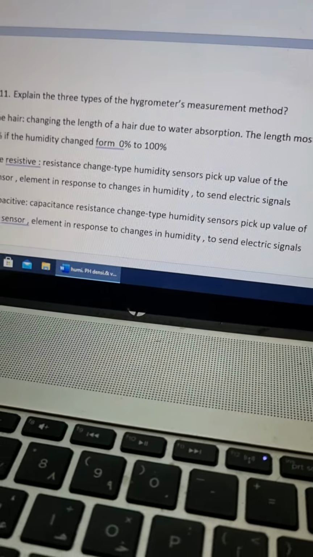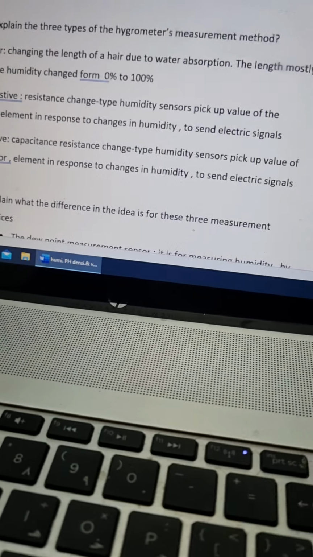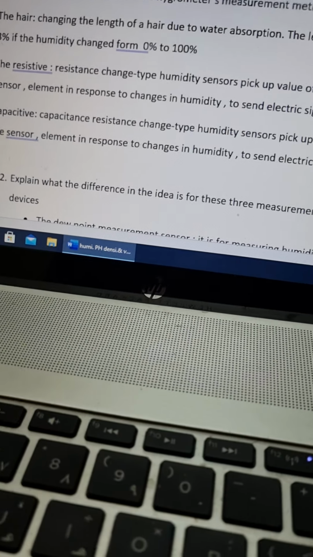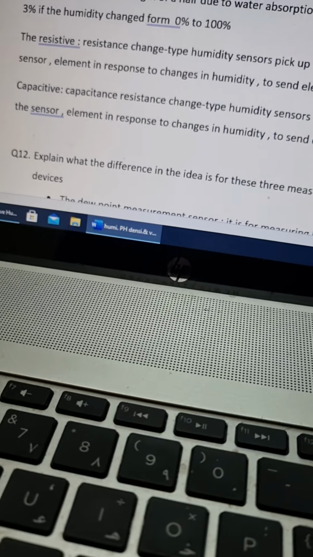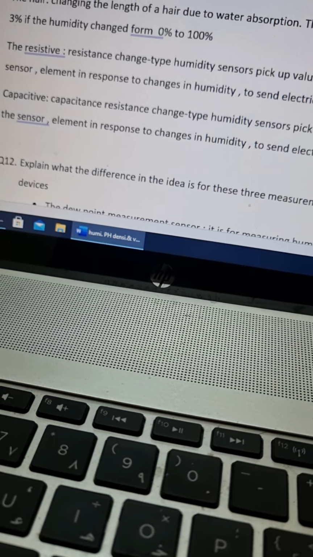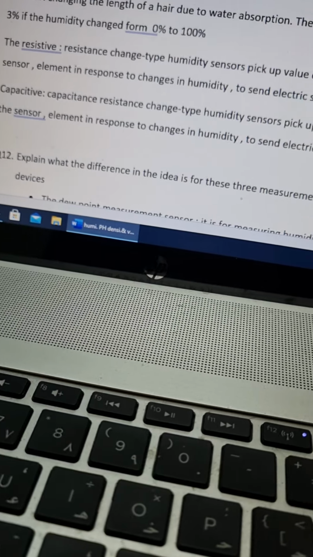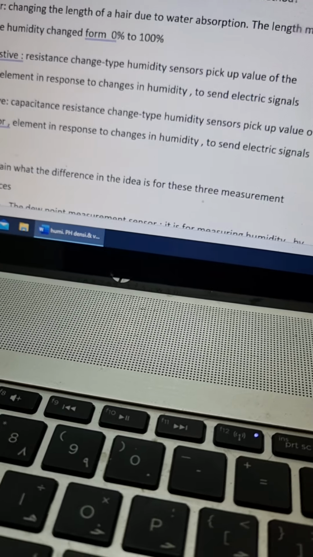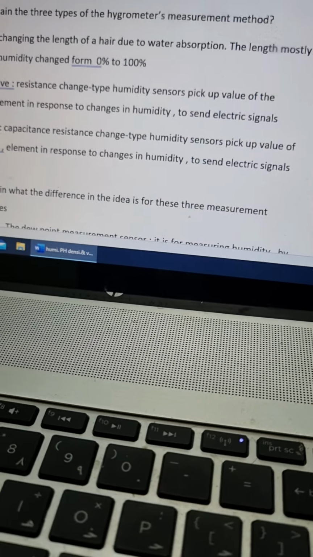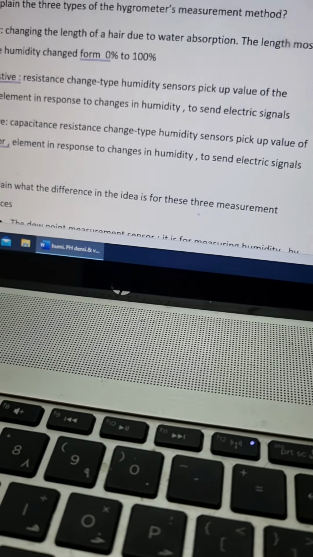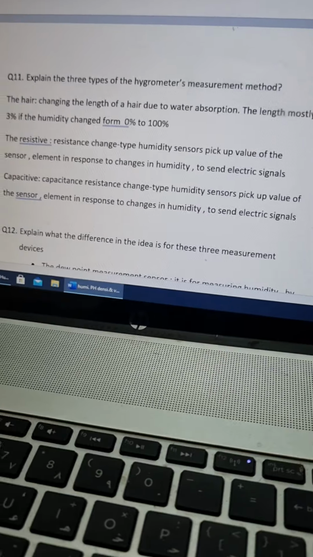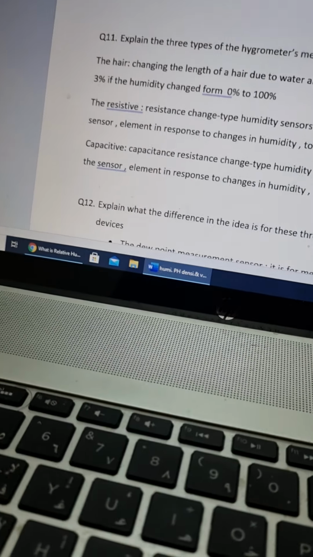And then you have the resistive type. The humidity sensor picks up the value of the sensor element in response to the change in humidity. Electrical signals, same as the capacitive.